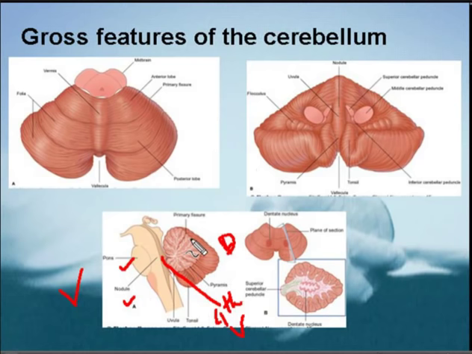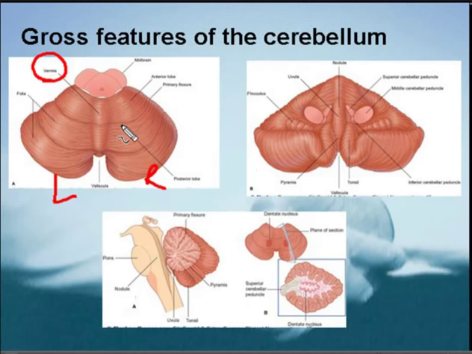Now, just like the cerebral cortex, the cerebellum also has two hemispheres. So you have two hemispheres, a right and a left hemisphere, and they are joined across the center by a part which is known as the vermis. This vermis is clearly seen on the inferior or the ventral aspect. This is the dorsal aspect of the cerebellum. So this is what you're looking at here, the dorsal aspect.